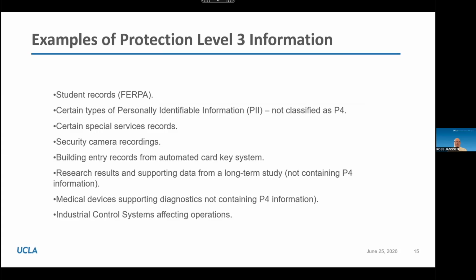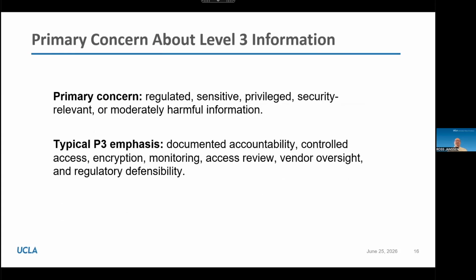The primary concerns around this kind of information are documented accountability, controlled access, encryption, as I mentioned, monitoring, access review, vendor oversight, and regulatory defensibility.